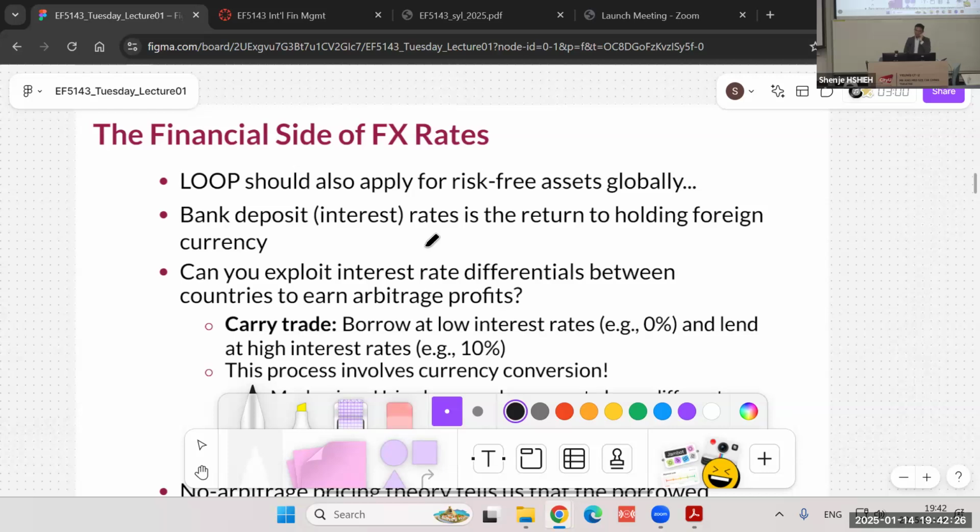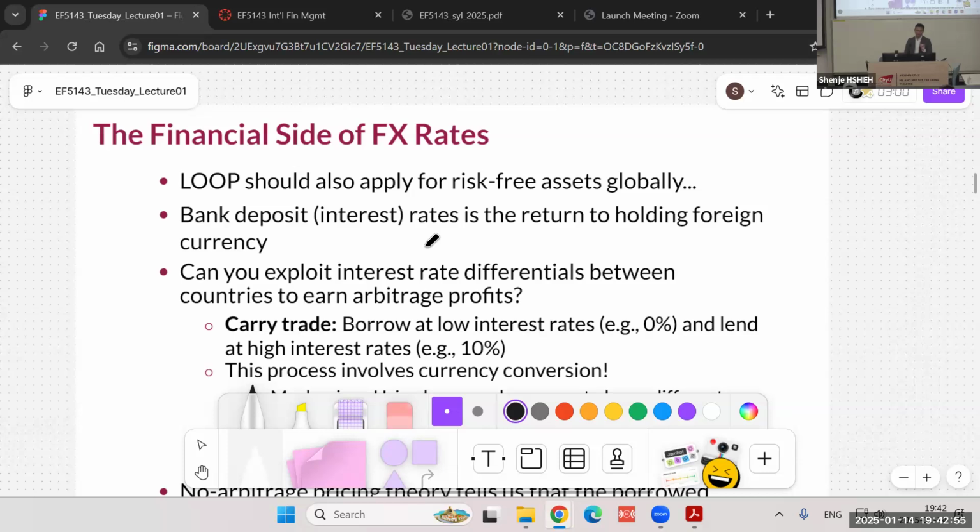If that's true, then it's possible to take advantage of these interest rate differentials between banks. We already know these banks are quite safe. Let's just say the risk of these bank deposits is 0. No risk. If they have different interest rates, then the law of one price tells us that after currency conversion, these two bank deposits should give me the same return.